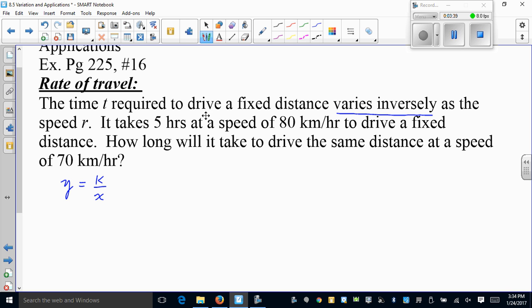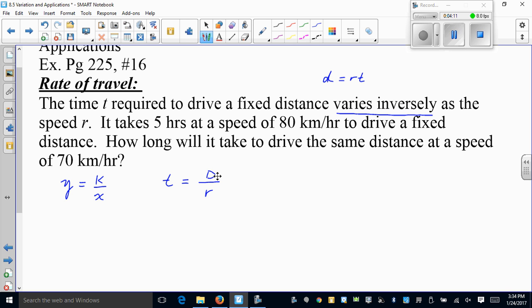But notice they didn't use x and y there, so we have to identify what y is. y is time t. It says the time required to drive a distance. The distance is going to be your k value over, and your x value is r. You should recognize this as distance equals rate times time, divided by rate.